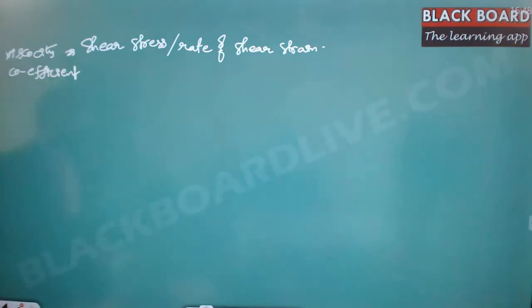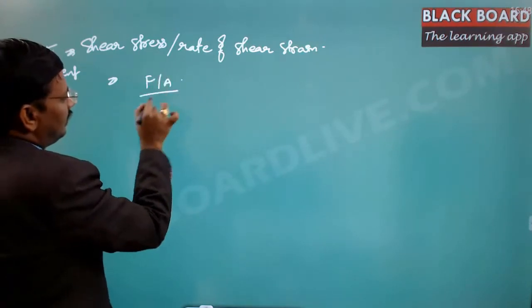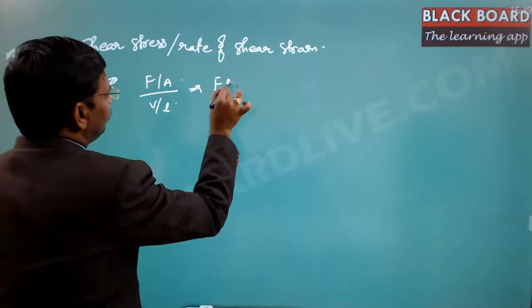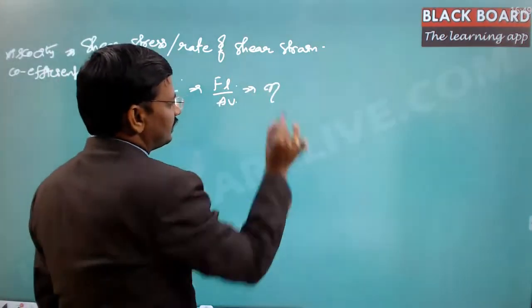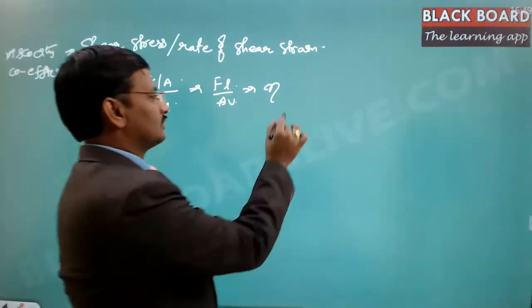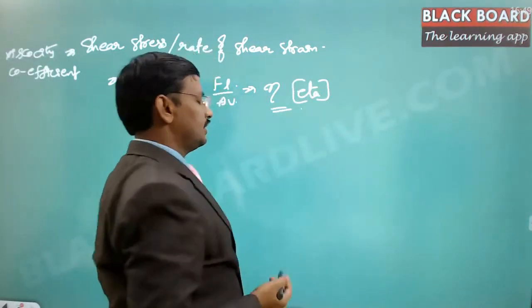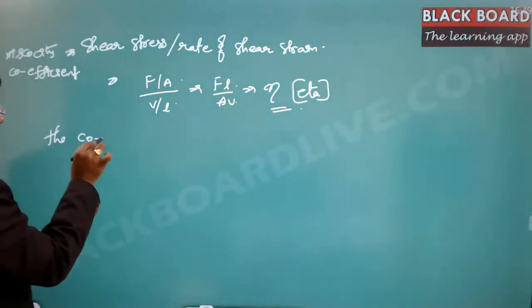So the viscosity coefficient is force by area divided by V by L, or FL by AV, and this is usually represented with the letter eta. This is the coefficient of viscosity.